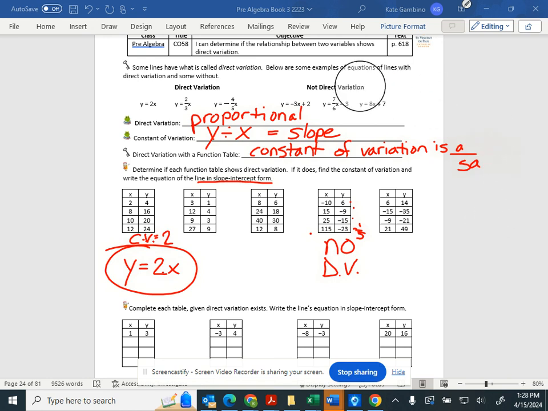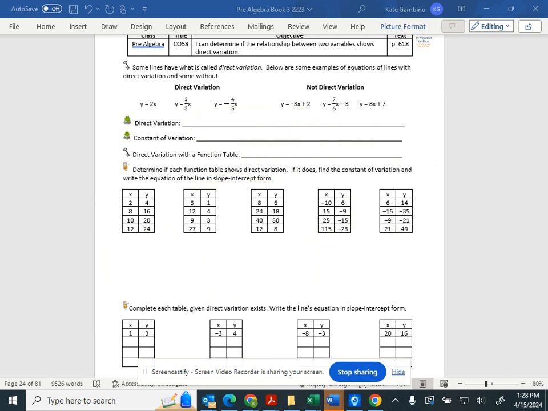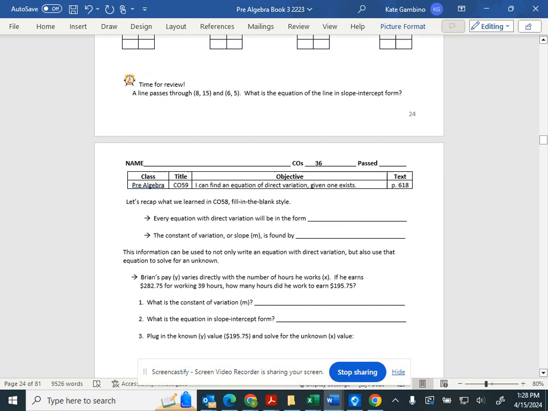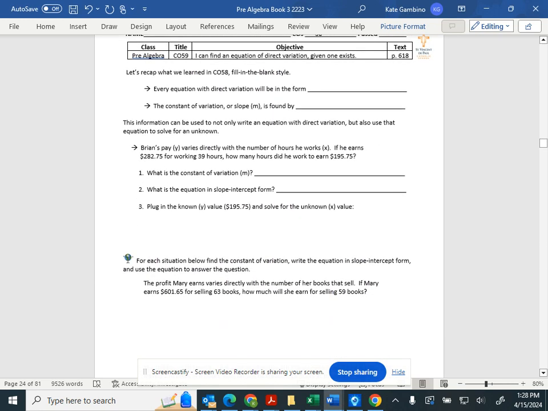All right, CO 59. I can find an equation of direct variation given one exists. So, what important thing do we need to remember here? Y varies directly with x. Remember, you want to go through and find your y's and x's, so you know what number you plug in for the y, what number you plug in for the x.